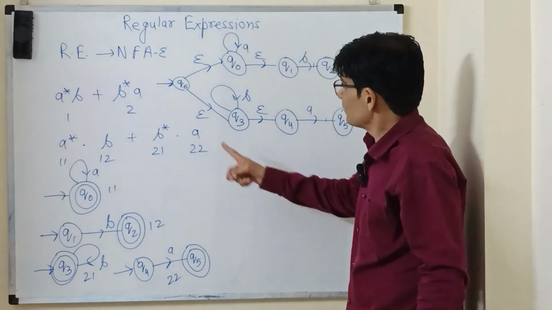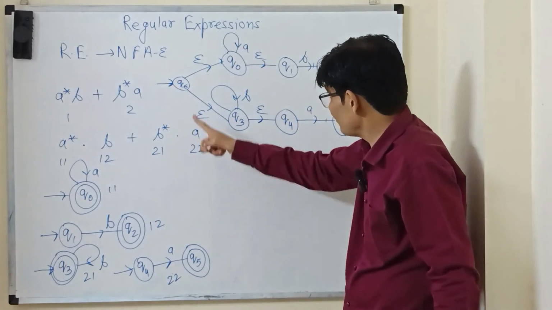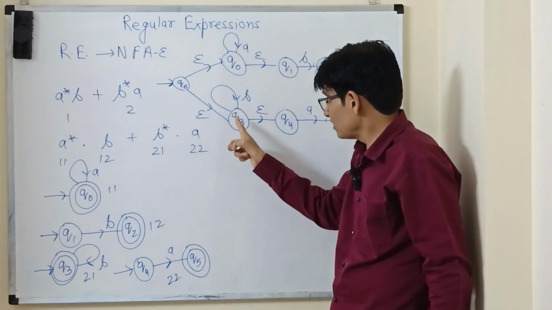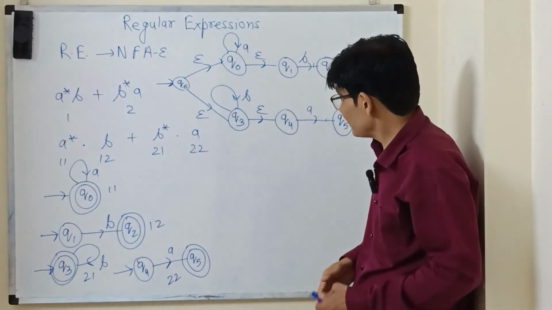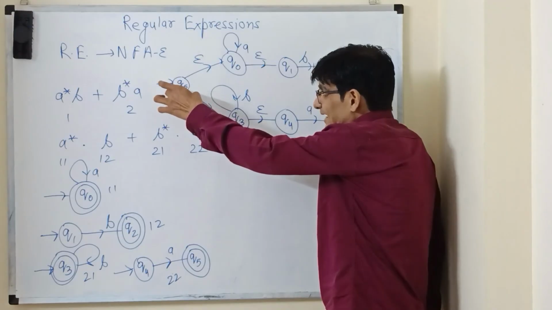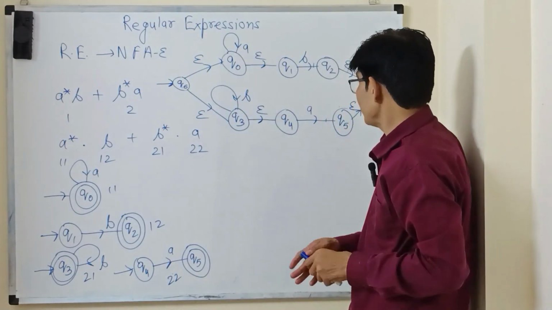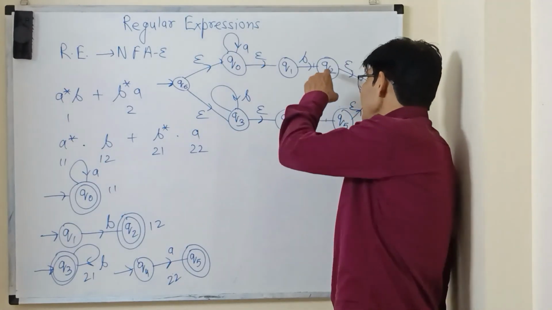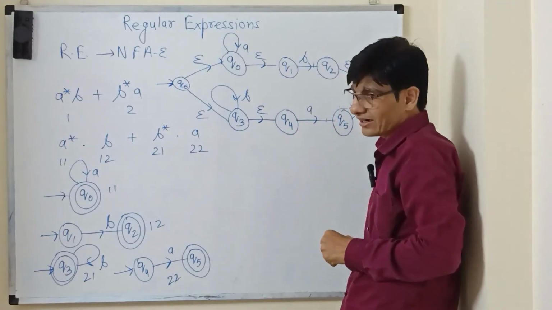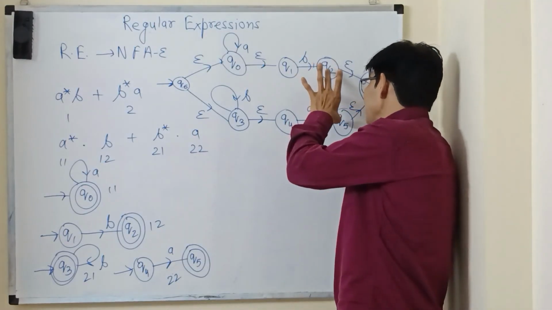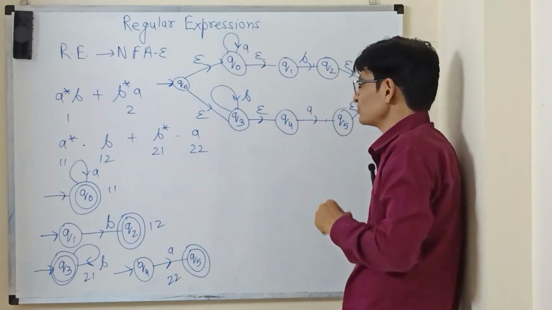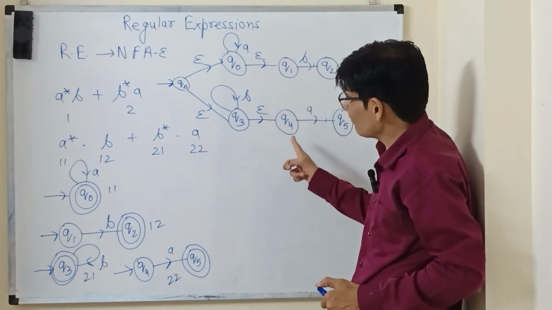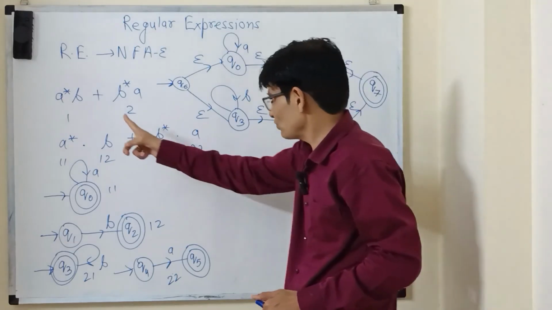So what we did, we created one single initial state, and we connected it with the help of epsilon transition with both the initial states of the machines, and now this has only a single initial state. And similarly, for creating a single final state, we created one final state there, and we connected both the final states with the help of epsilon transition to that state. So now this is the final NFA with the epsilon move for this regular expression.